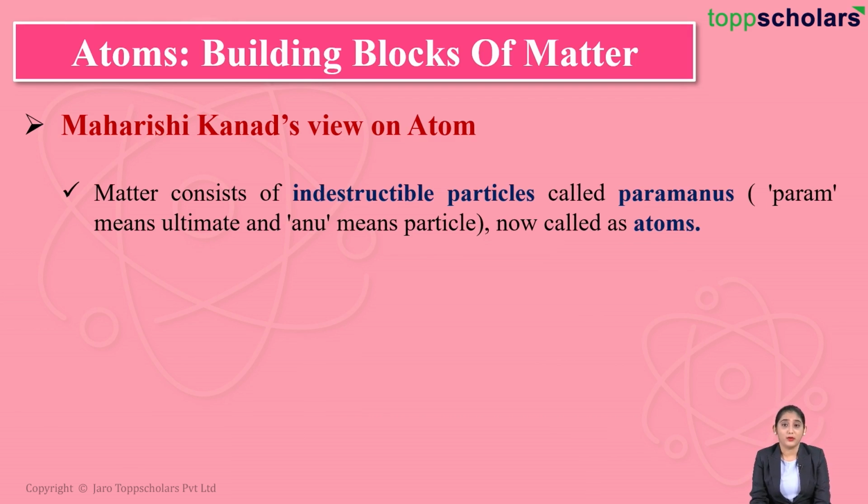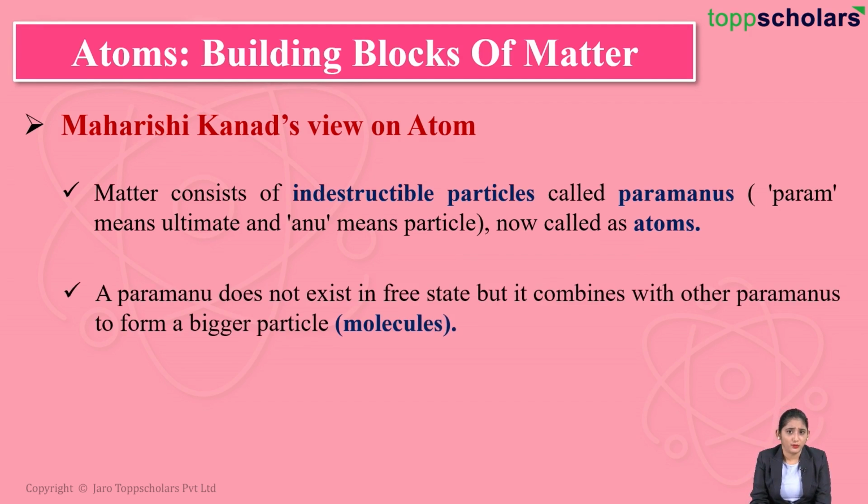These paramanus are now called atoms. So according to Maharishi Kannad, matter is made up of these indestructible particles which are now called atoms. According to him, these paramanus do not exist in free state. Rather, they combine with other paramanus to form a bigger particle, which are now called molecules.